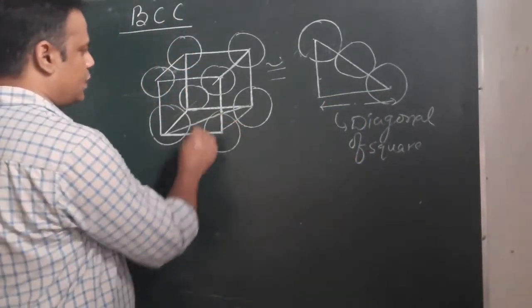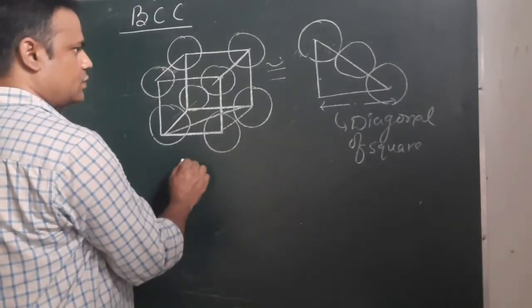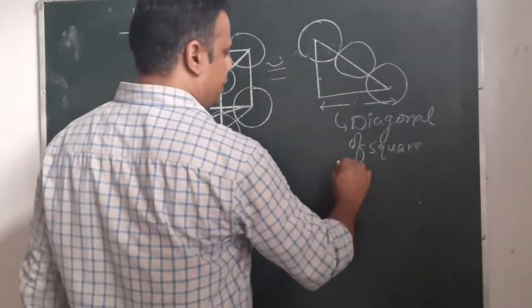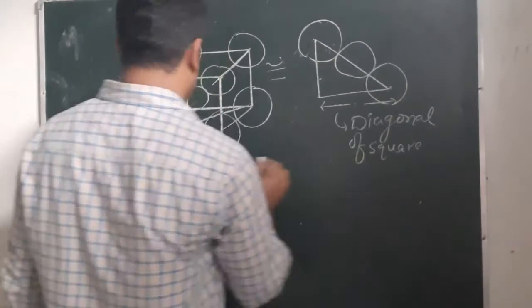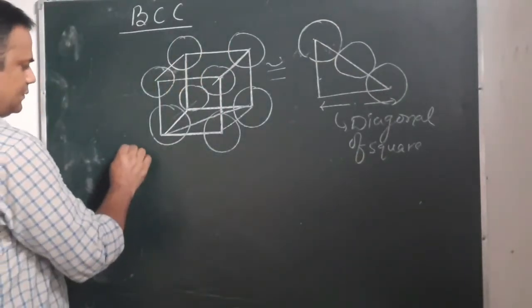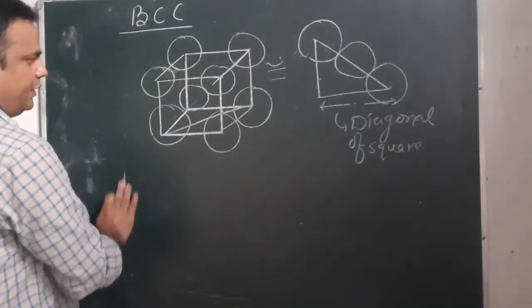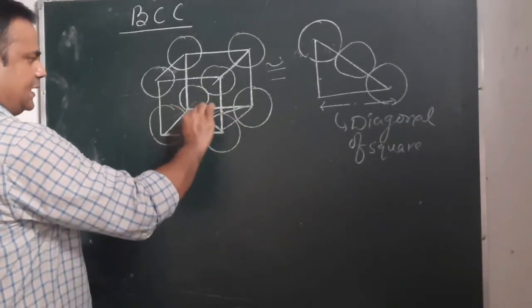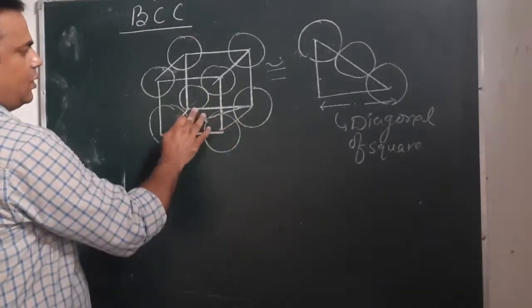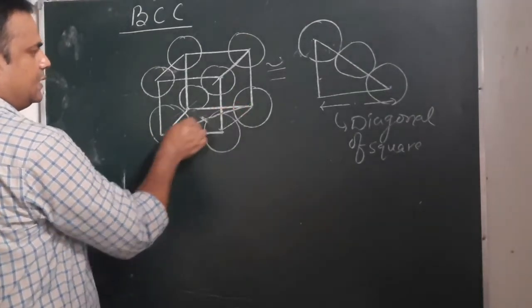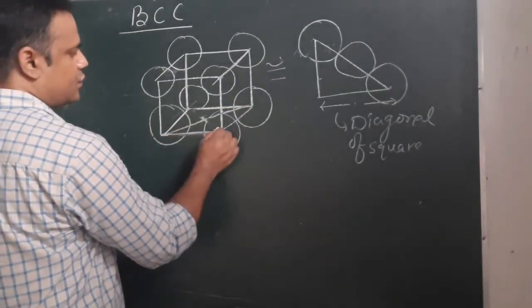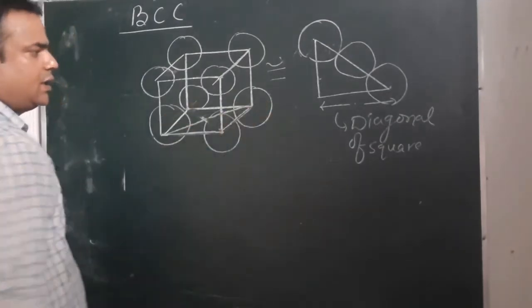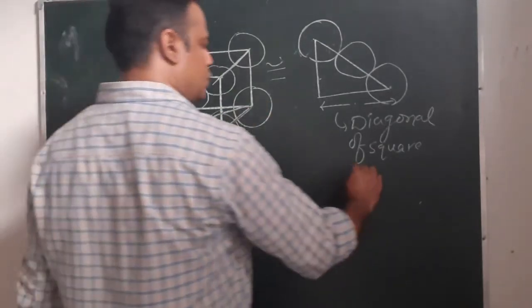So if we talk about the diagonal of the square, it will be equal to, in a right angle triangle, if we have to find this diagonal, then this diagonal will be under root of a square plus a square, and that will be equal to root 2 a.